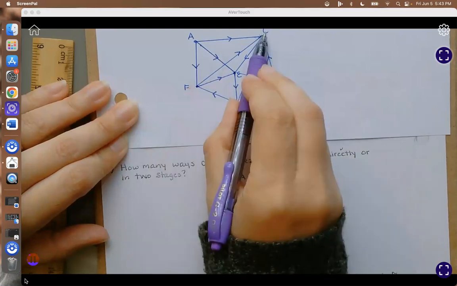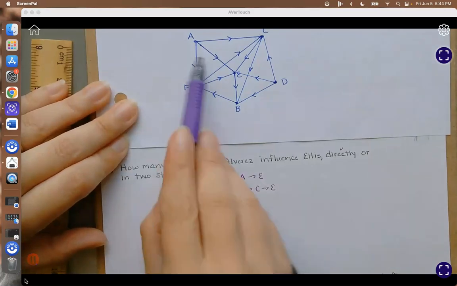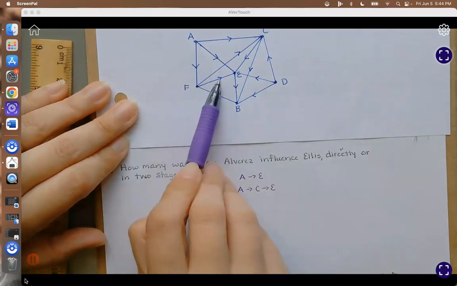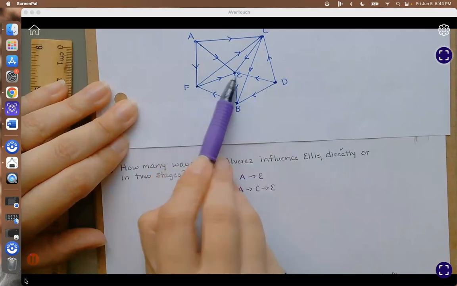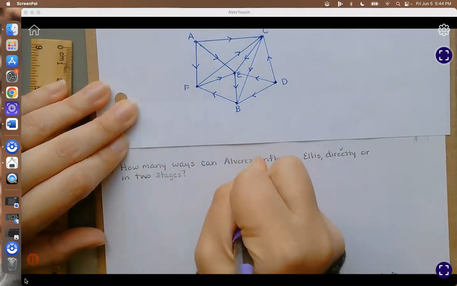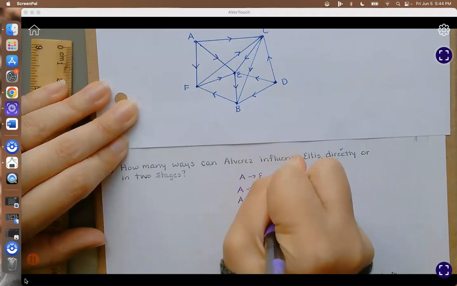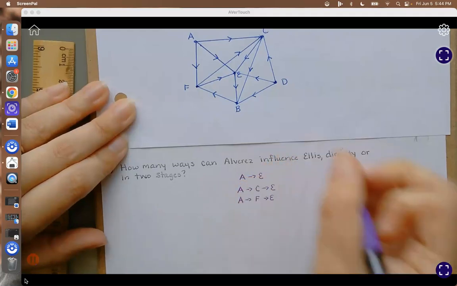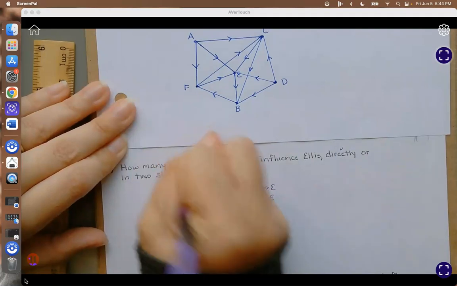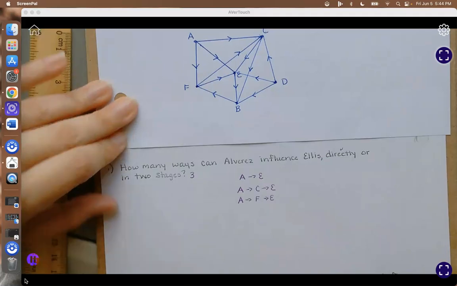That's 1, 2. That's 2 steps. Then what other letters come into E? D, but I can't get there in 2 steps. F. A to F to E. So there are 3 ways that I can get there in 2 stages or less.